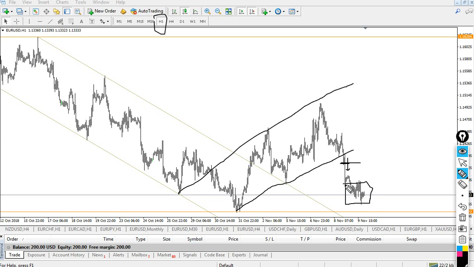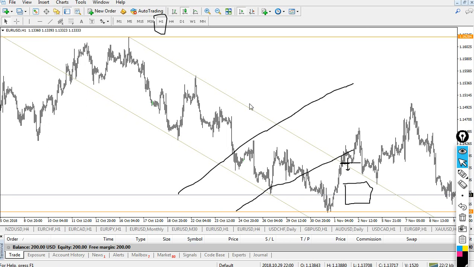Now if we move to a higher time frame, what did we do in the past? It's a question that, according to our psychology, I'm asking: what are the common rules when a channel breaks?